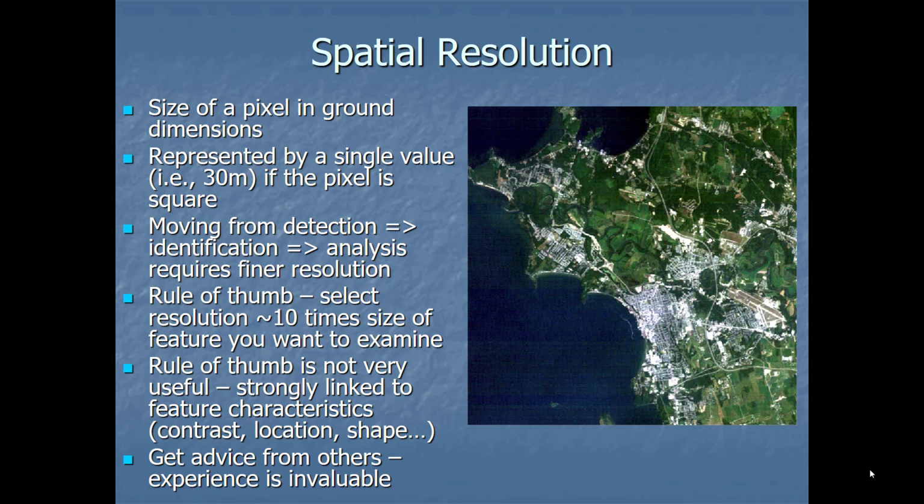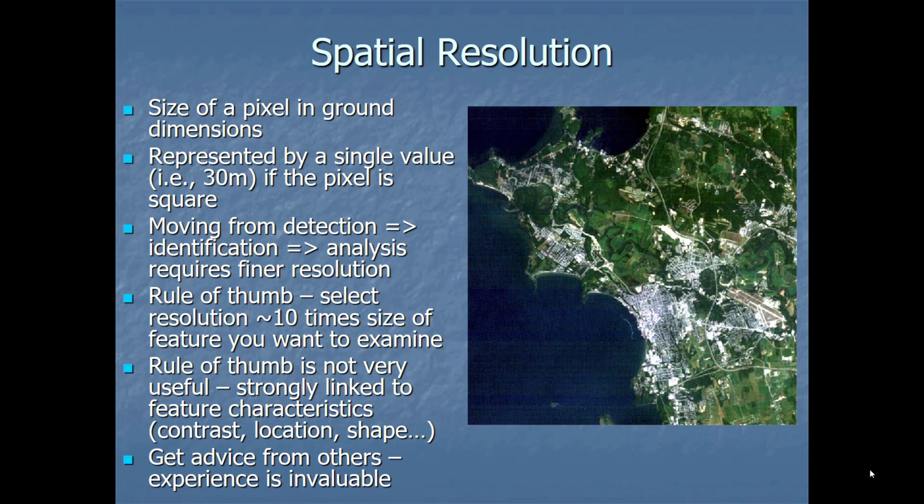A rule of thumb is that you can select resolution at approximately 10 times the size of the feature that you want to examine. So for instance, if you want to examine features that are about 3 meters by 3 meters, then your Landsat imagery at 30 meter pixel size is sufficient.